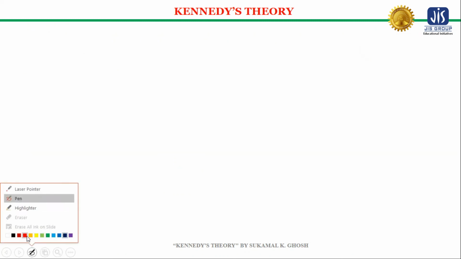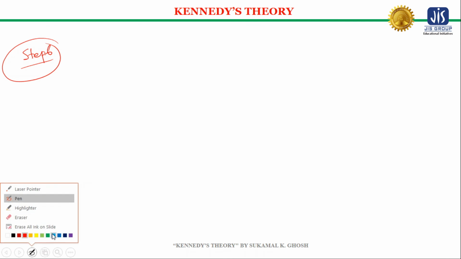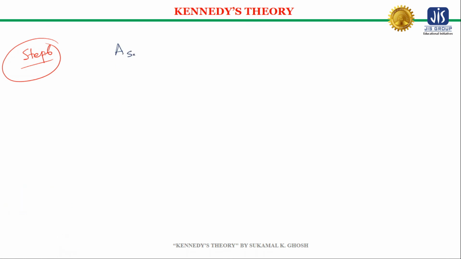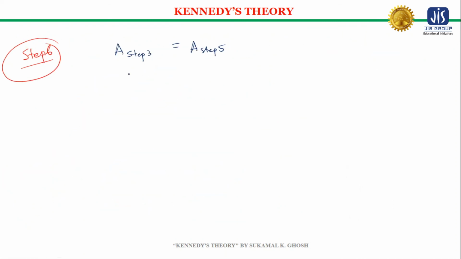Now what will be our step 6? Our step 6 is to equate the area that we have got from step 3 to the expression of area that we have got from step 5. From step 3 we have got the area value of 43.5. So 43.5 equals b into y plus half of y square.